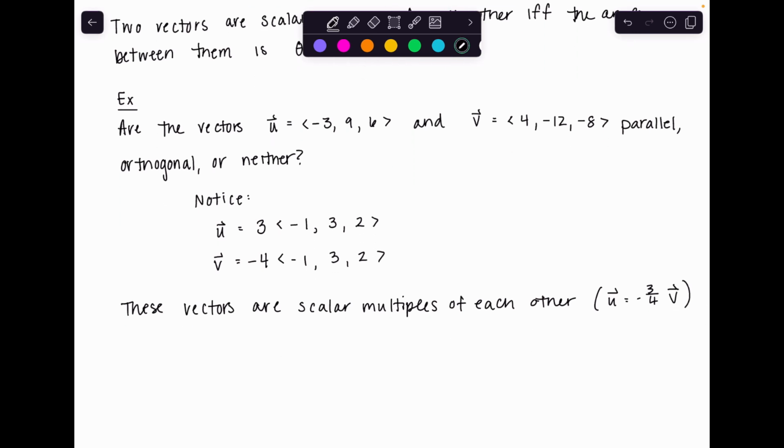And as a result, because they're scalar multiples, we can say these vectors are parallel. It's the case that the angle between them is going to be pi because one is a negative multiple of the other. They point in opposite directions.